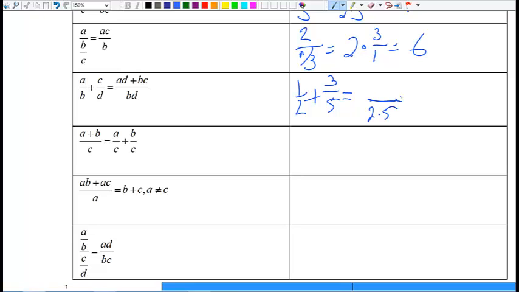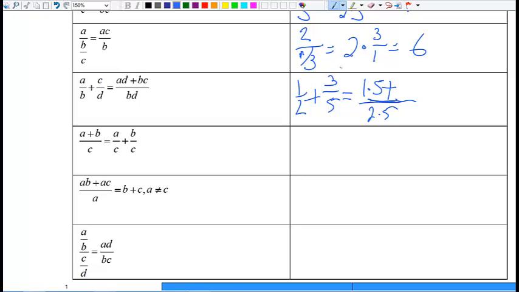But what this rule allows us to do, when adding fractions that don't have a common denominator, is to only multiply the thing that's missing. So what is the 1/2 missing of the common denominator? It's missing a 5. So that's 1 times 5.